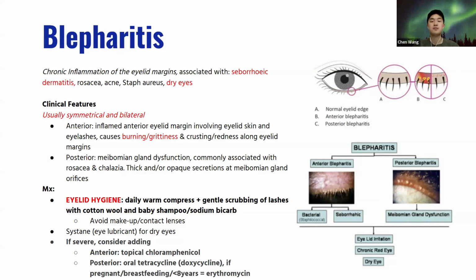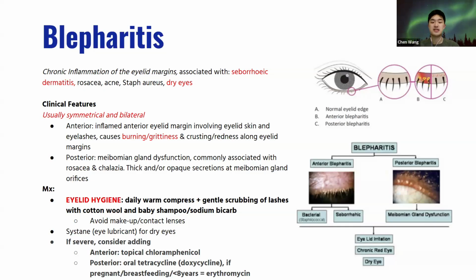So either way, for both conditions, the mainstay management is just eyelid hygiene. So that's daily warm compresses, and using some baby shampoo as well, and making sure to avoid makeup and contact lenses that can irritate the area even further, and potentially consider some ocular lubrication as well if the patient also complains of dry eyes.